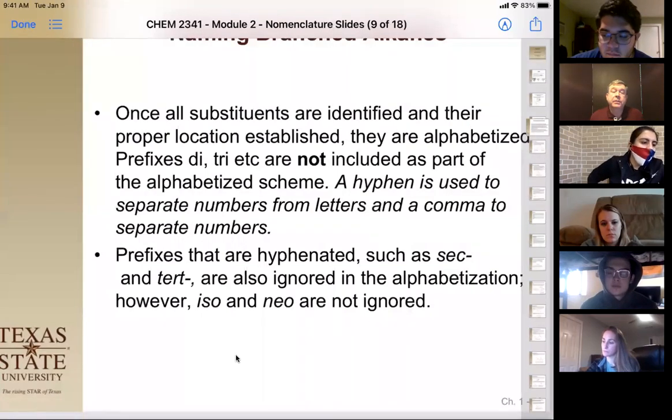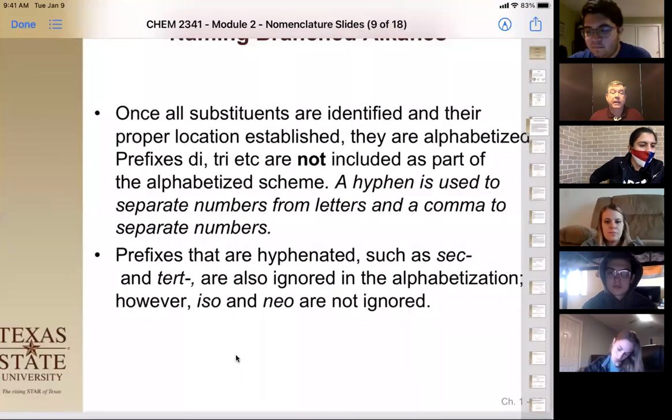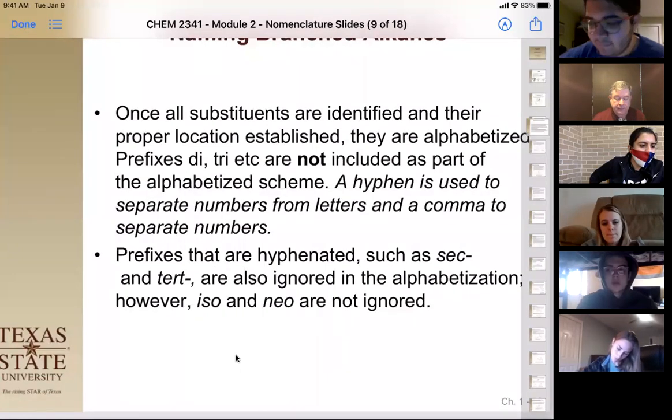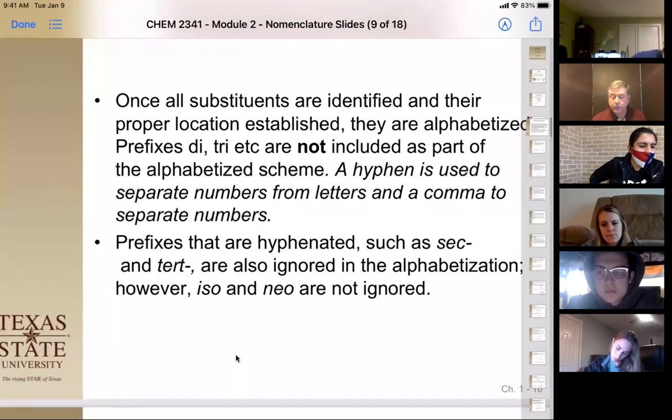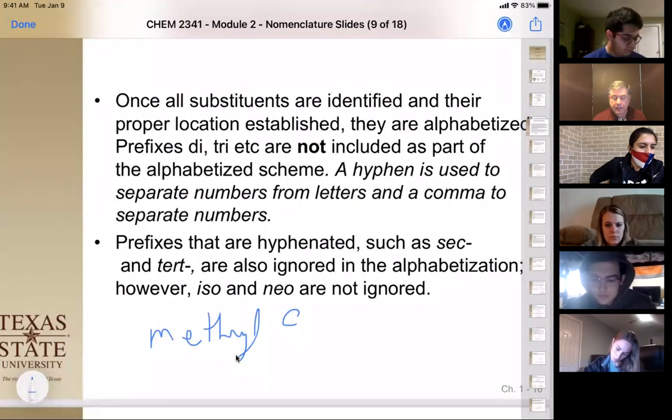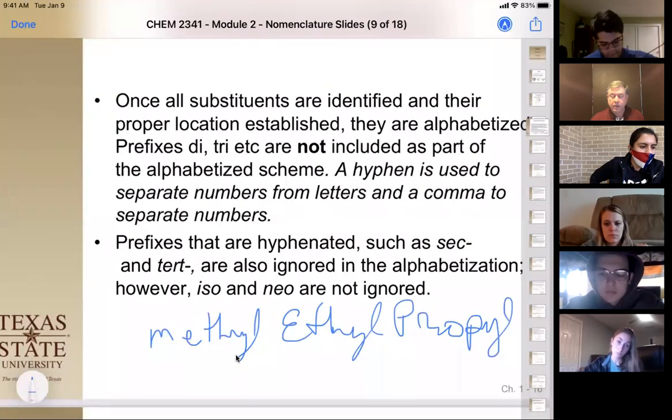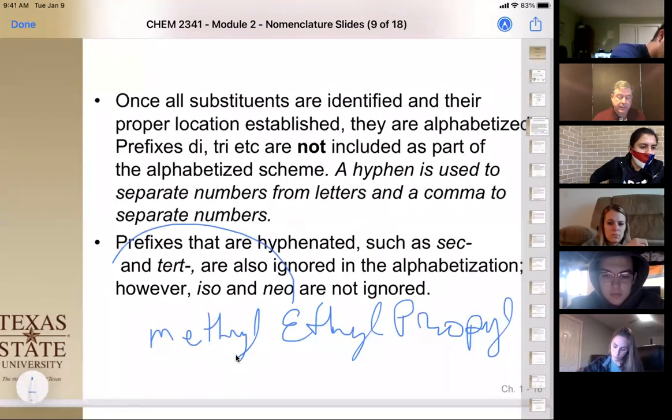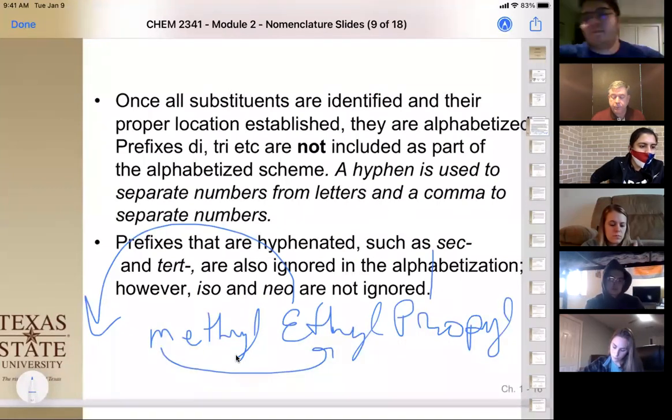Once all substituents have been identified in their proper location, you now then alphabetize them, except you don't include prefixes like di, tri, tetra. So in something where you had, let's say, a methyl group, an ethyl group, and a propyl group, right here, when you put these in, you would put the ethyl in the beginning, you'd put the methyl in the middle, and the propyl would come at the end.